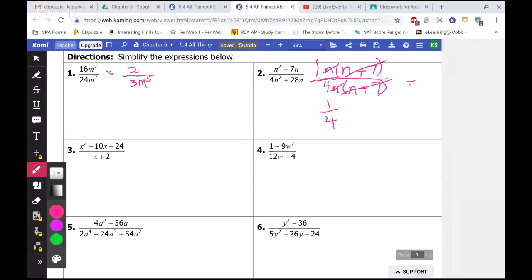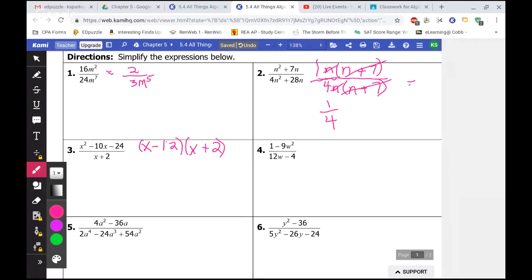All right, I am on number 3. That would be factored. The two factors that multiply together to give you a -24, that when you add them give you a -10, are going to be x minus 12 and x plus 2.